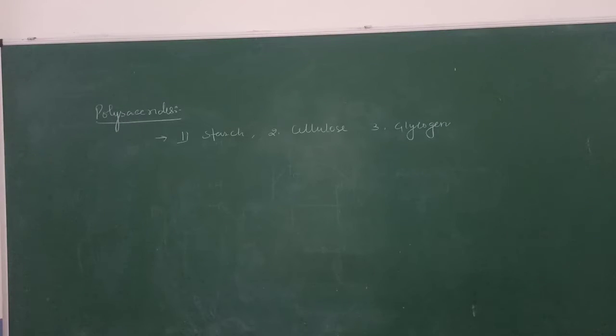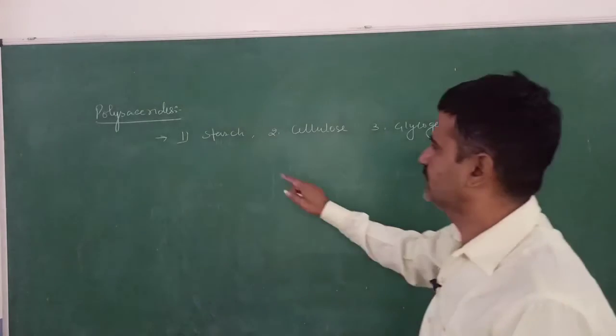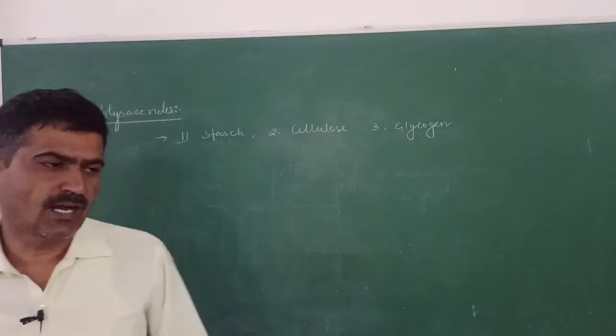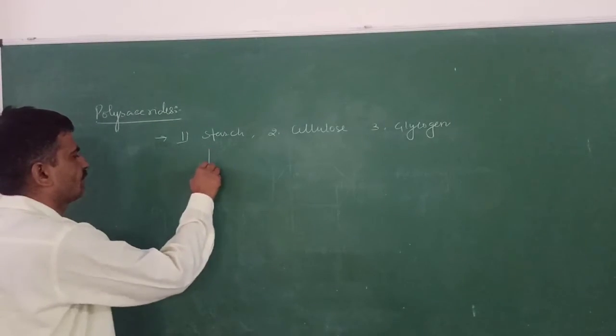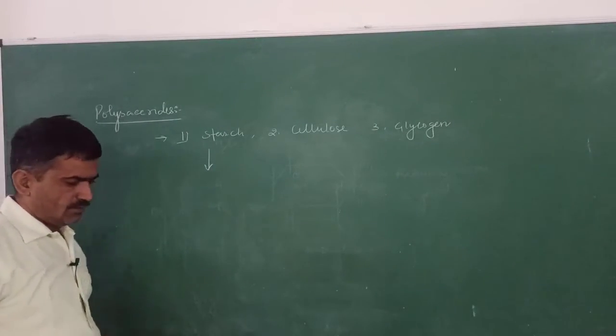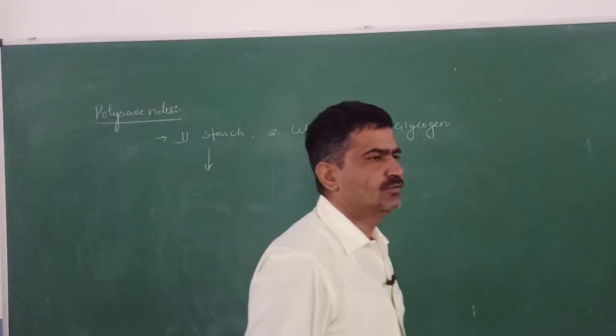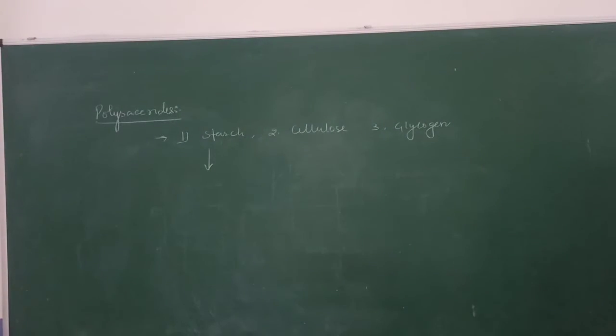These three are the examples of the polysaccharides present in our syllabus. Firstly, we will study about the starch. This starch is made up of two chains: first is the amylose and second is the amylopectin.